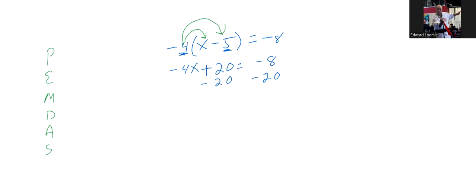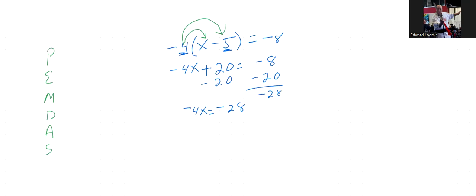You see what I lost my, no, I didn't lose my sign. We're good. That's going to be a negative 28. So I get a negative 4x equals a negative 28. For a second there, guys, just so you know, I thought I messed up on my signs, but I did not. Always double check your signs as you go, because it's easy to get them backwards.